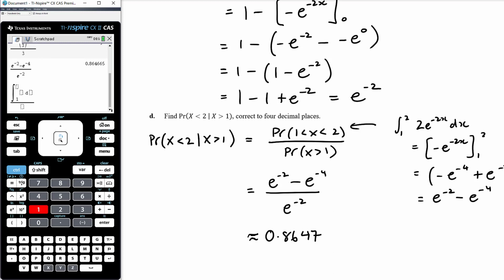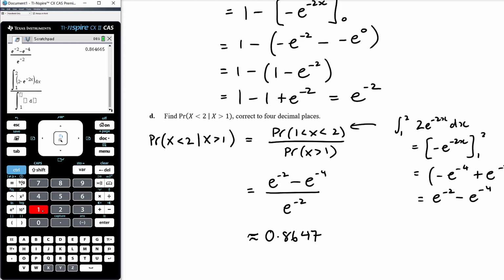Let's just check if we'd actually done the integrals. Integrating from 1 to 2 of 2 times e to the negative 2x dx, over, we can do the whole thing.